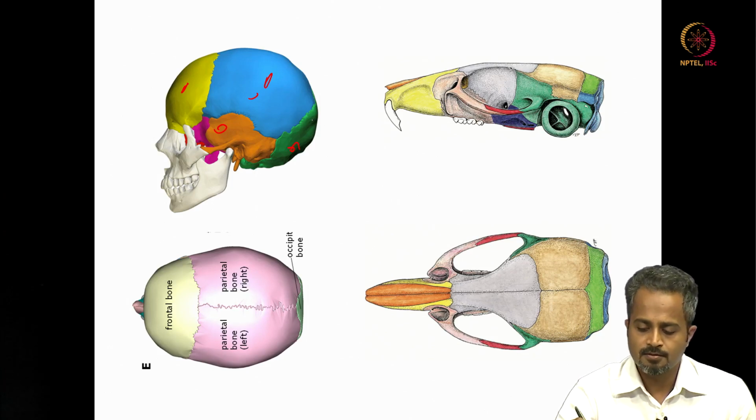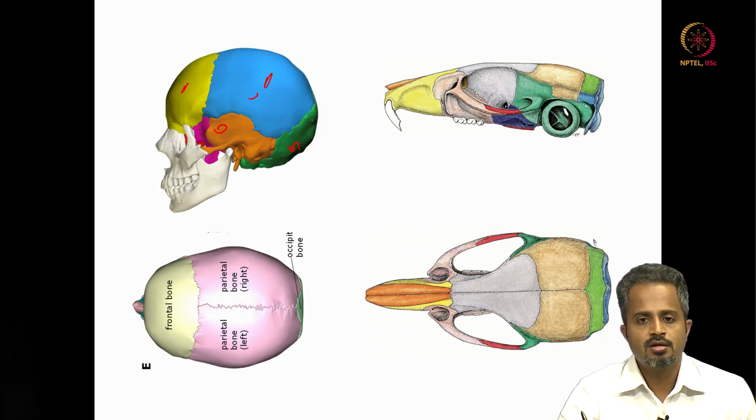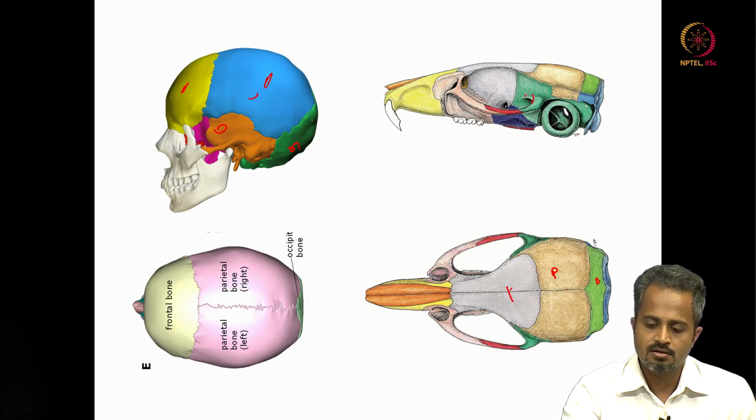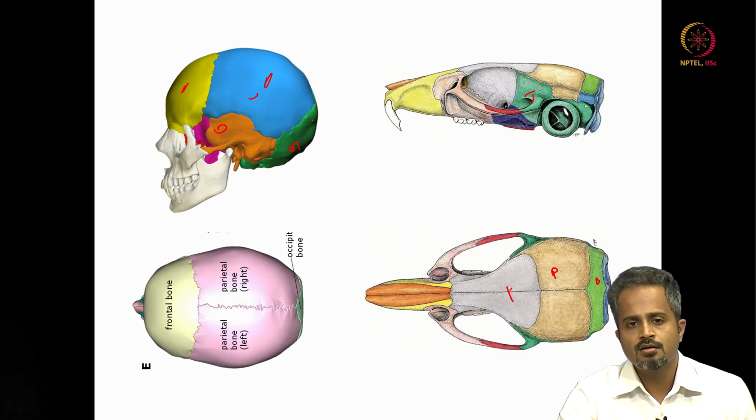Similarly, in the rodent you will have the frontal, parietal and occipital, and the green seen here is again temporal. So, there are these lobar structures which are divided, a little bit similar to the human brain anatomy.